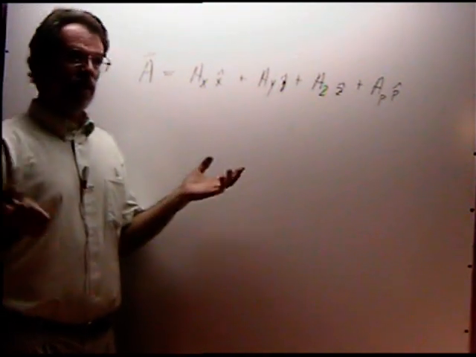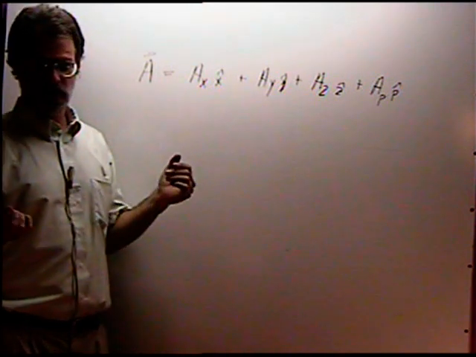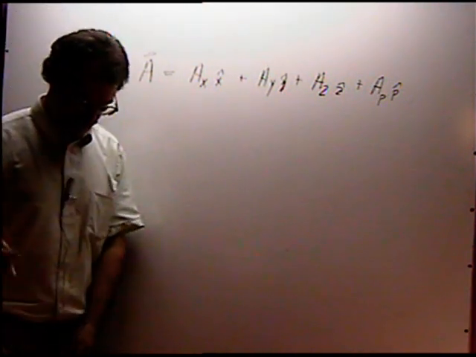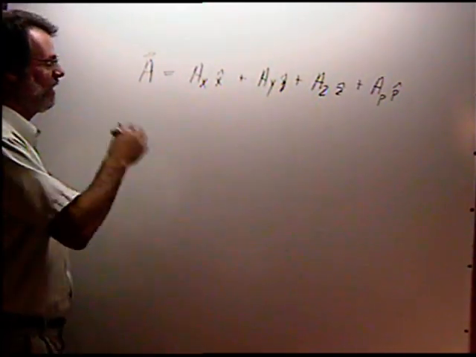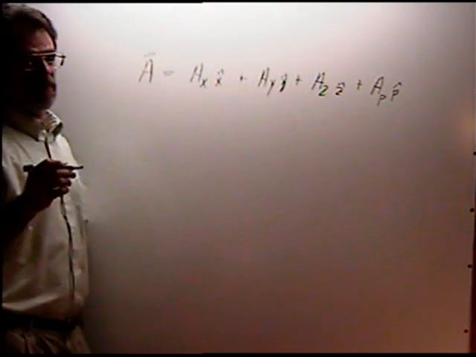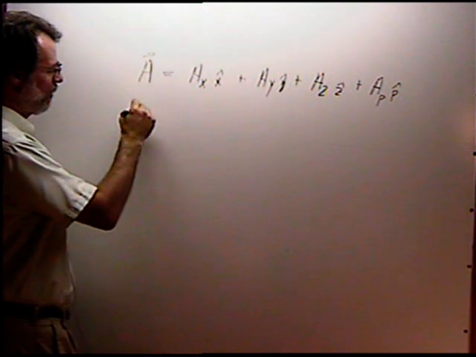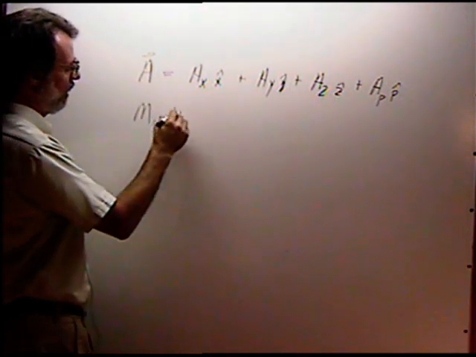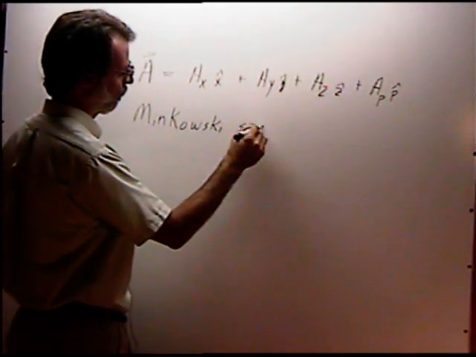As an example, when you get to the lecture just before Christmas, it's not in the book, but it's a little lecture on Einstein's theory of relativity. We'll see that Einstein based some of his theory on work by another physicist called Minkowski, who developed what's called Minkowski space.